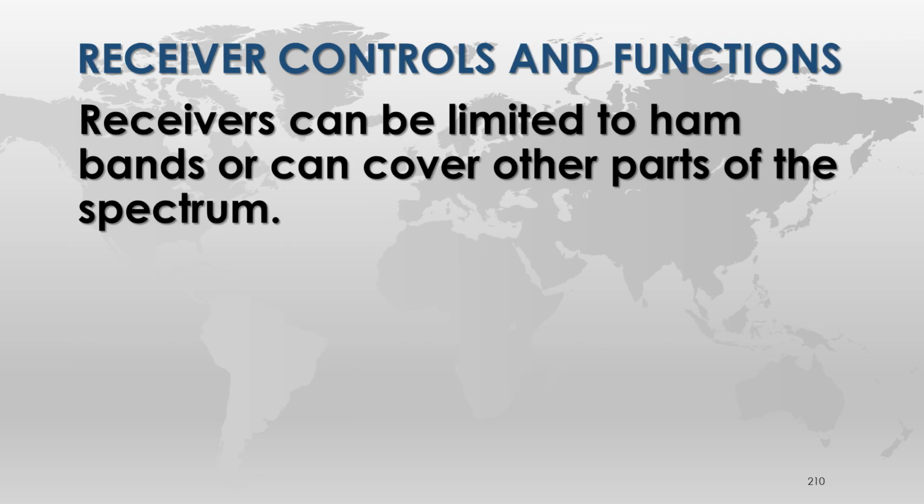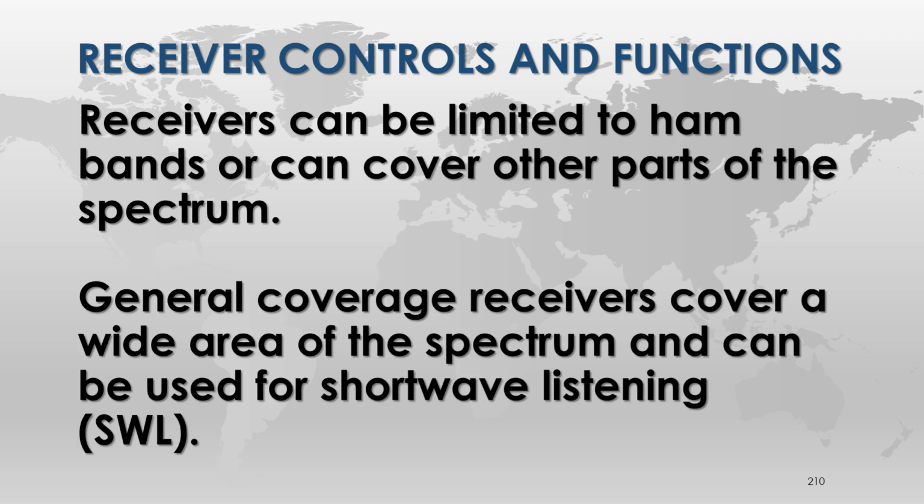Okay, receivers can be limited to ham bands, or they can cover other parts of the spectrum. General coverage receivers cover a wide area of the spectrum and can be used for shortwave listening. If distorted audio is received from an FM signal, the receiver may be tuned above or below the frequency of the signal. Why would a general coverage receiver be something that you would want to have?